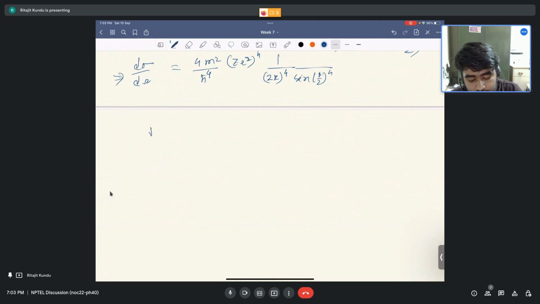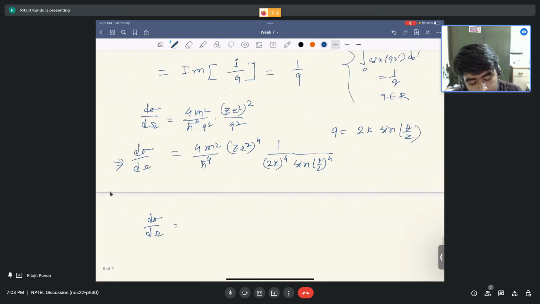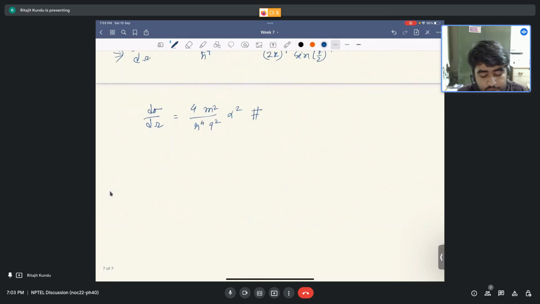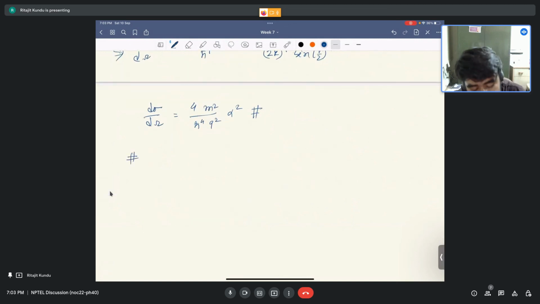So dσ/dΩ is given by some number, 4m² over ħ⁴q², and then there will be some α², and there will be the integration. Let me do that integration actually. The integration here is from 0 to infinity over r prime.